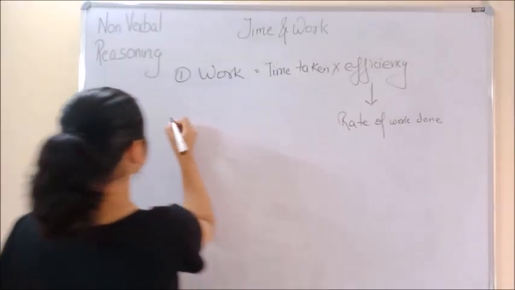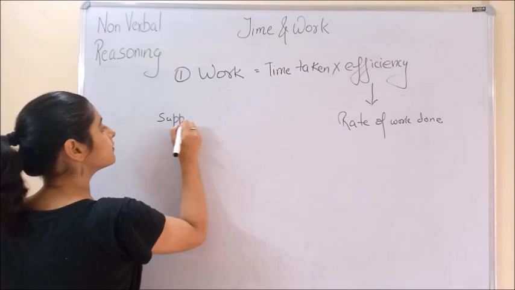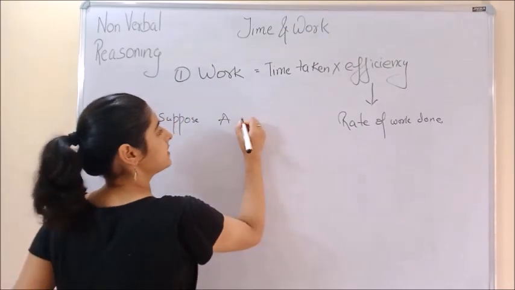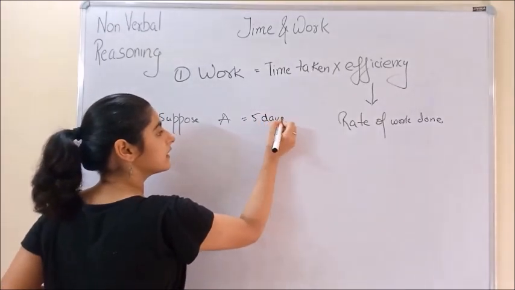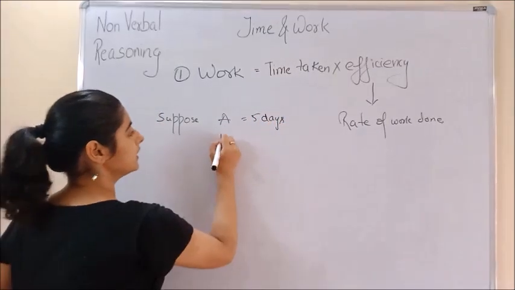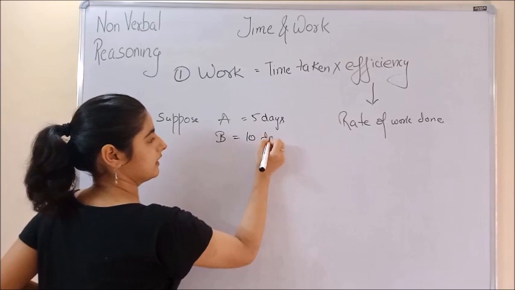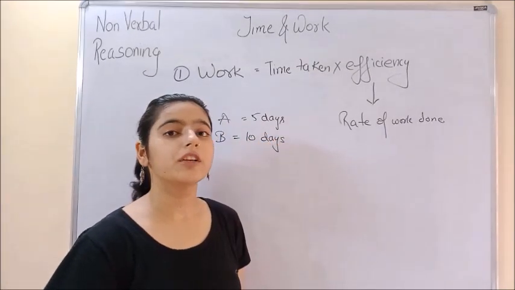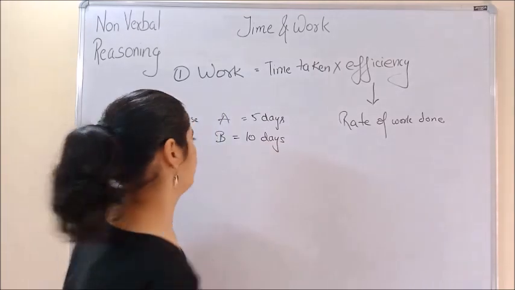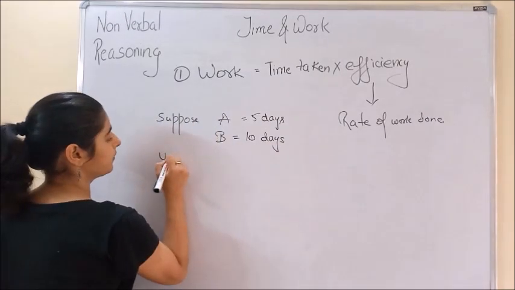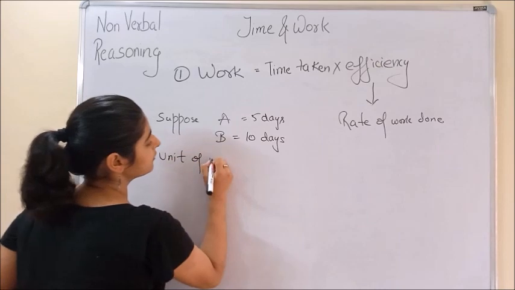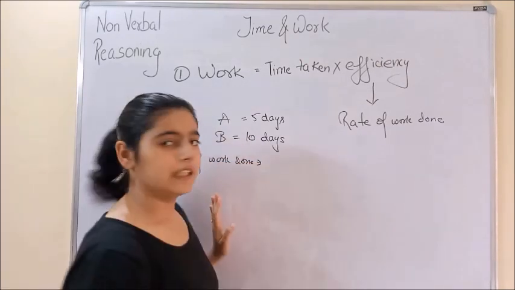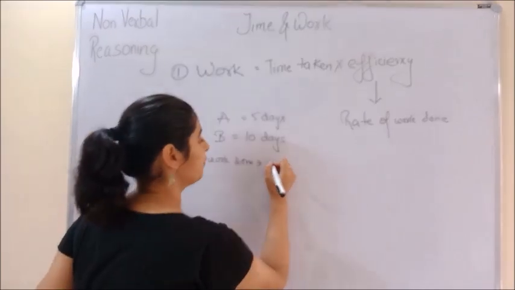Suppose A completes his work in 5 days and B completes its work in 10 days. Now there is a term called unit of work done. Unit of work done is equal to per day work.